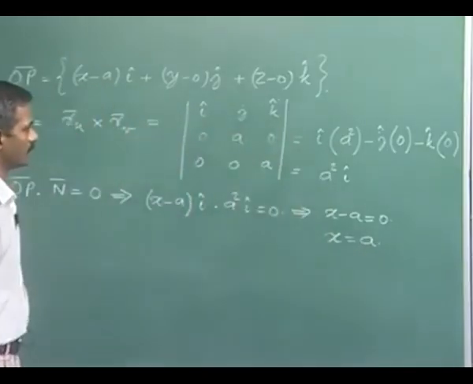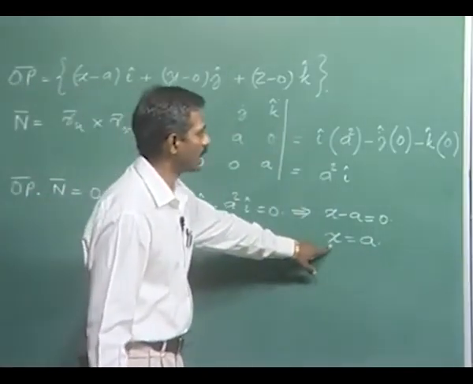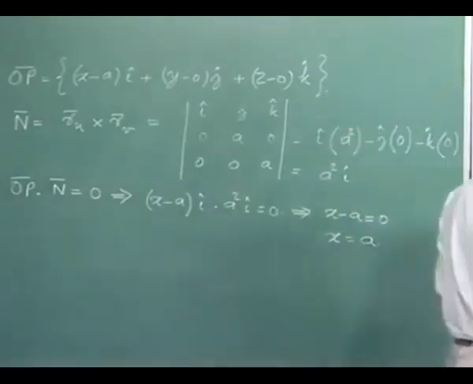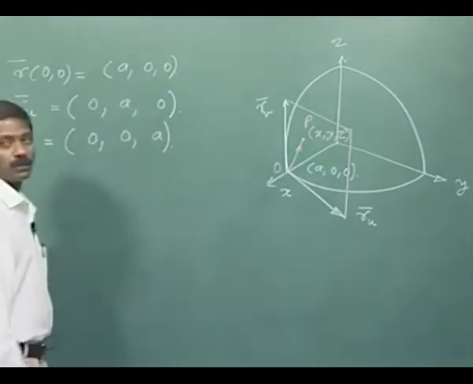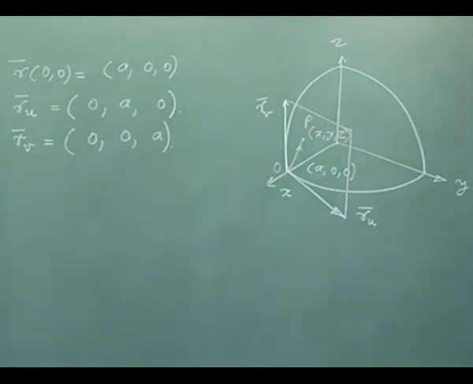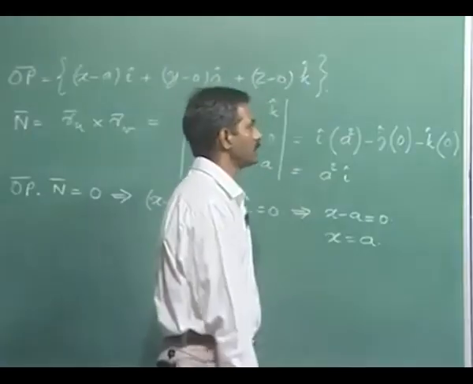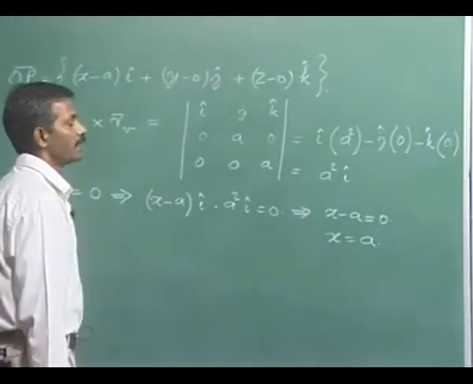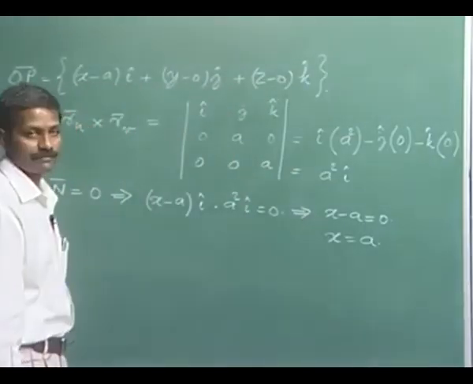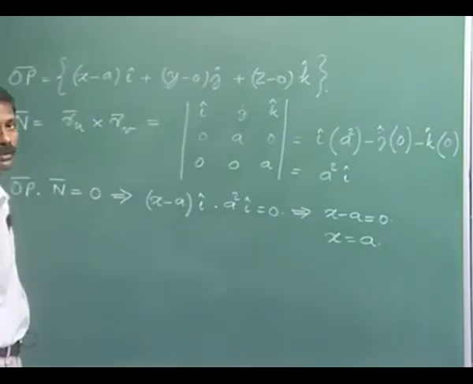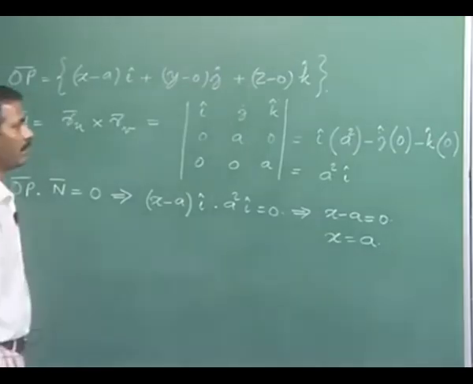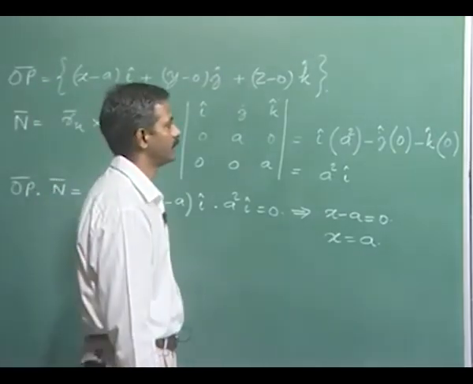Now if you realize, this is the yz plane intersecting the x-axis at x equals a, which is what we expected. This is a very simple example, geometrically insightful, that allows us to see how we can compute the equation of a tangent plane. You can expect many more complex examples in real life.